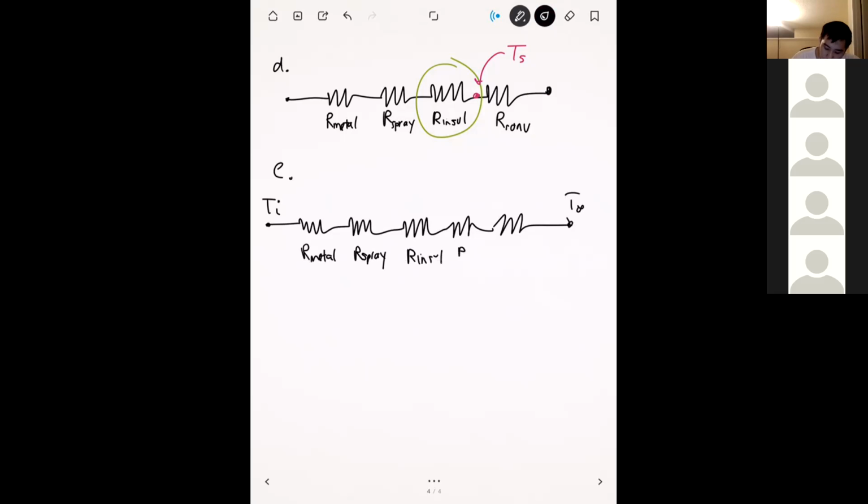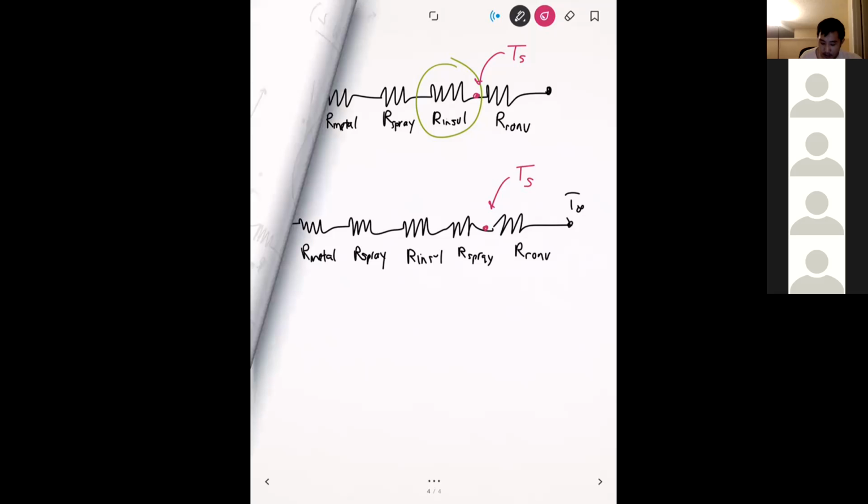We have another R spray here, because we're spraying another thing on the outside of that, so we have two spray layers basically. And then we have R convection. Just like all the previous problems, you're going to solve for Ts, which is going to be right in between those.